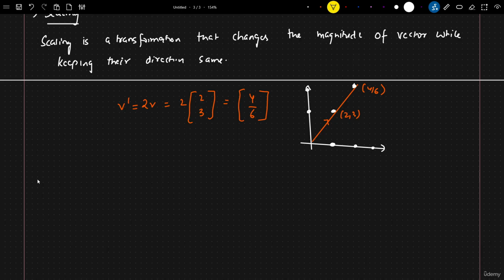Scaling in data science is specifically used in two different ways. One is data normalization. If I want to normalize the data on some scale, I will be able to do it. The second important thing is that it is used in computer graphics to resize objects.